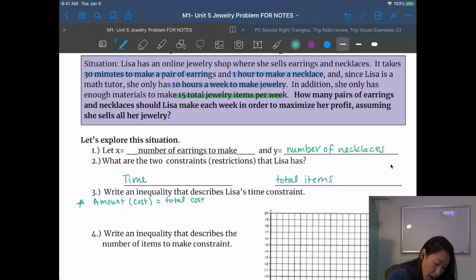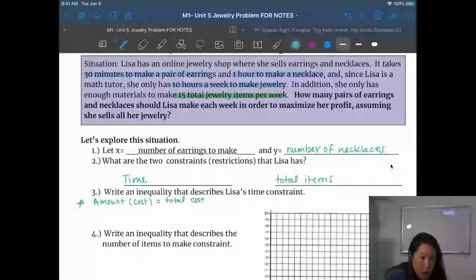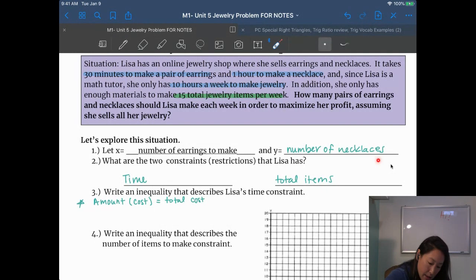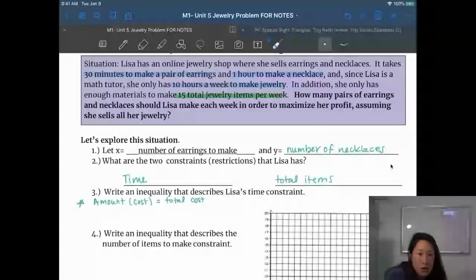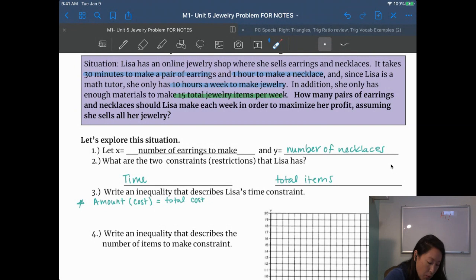I'm going to define my variables. Let x equal the number of earrings Lisa can make and y equal the number of necklaces. There are two constraints, or two restrictions, when Lisa's making her jewelry: one is the amount of time she can dedicate, and the other is the total amount of items she can make.